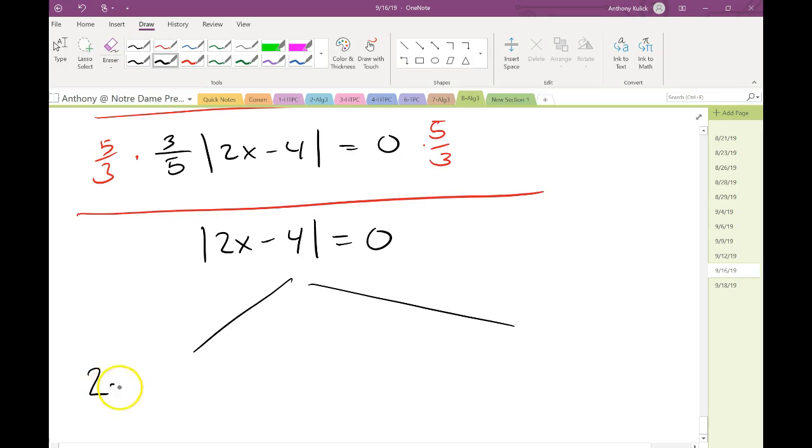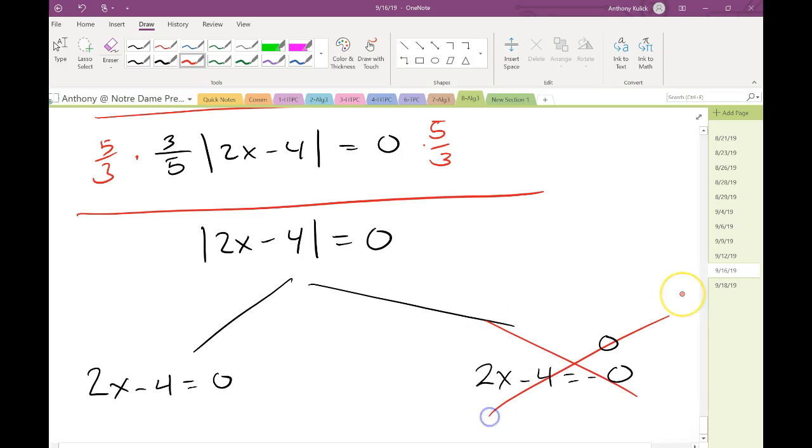So we'll start by breaking this into two linear equations. The first one is 2x minus 4 equals 0. What would the second one be? Yeah, 2x minus 4 equals negative 0. But what's negative 0? Just 0, right? So we have a duplicate, two of the same equation. I don't even need to worry about solving one of them.